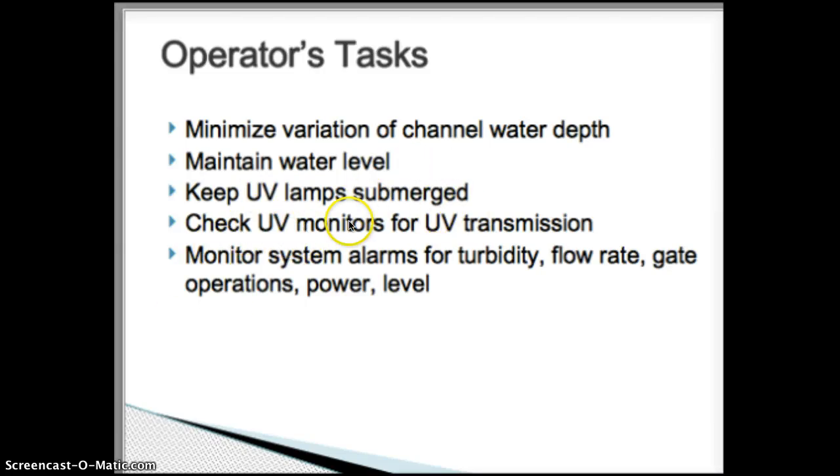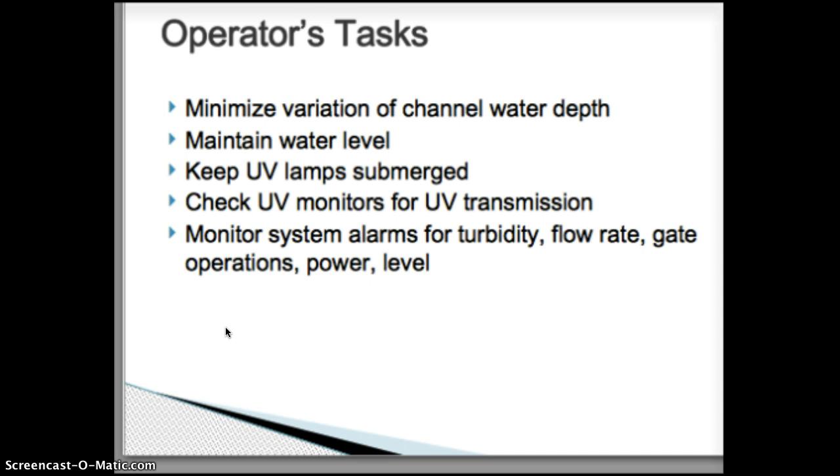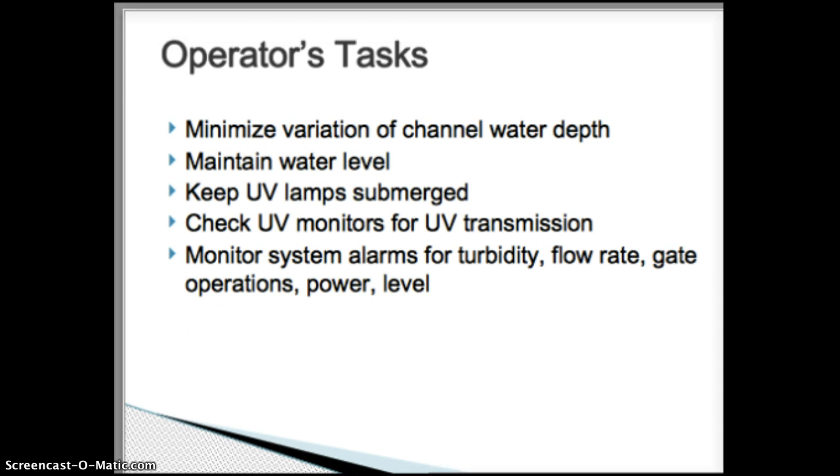And then there will be process monitors to check for the UV transmission as well. Those monitors will look at the intensity of the lamps. And there are also monitor systems alarms for turbidity, the flow rate, gate operations, and power and level. So basically the operator would probably be looking at a control panel in a control room to look at these tasks.